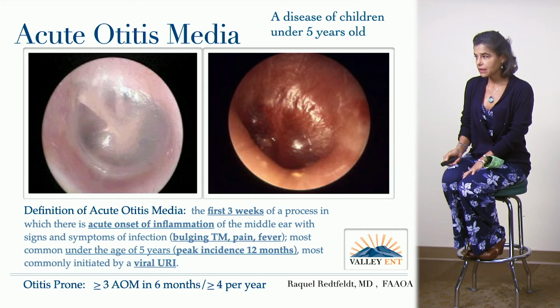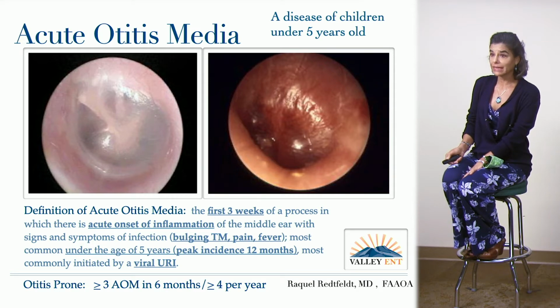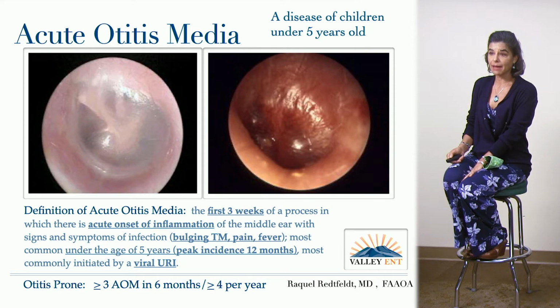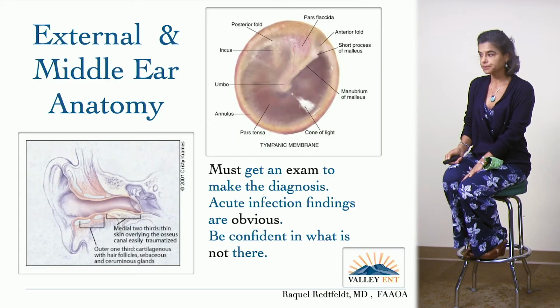I stuck in the otitis prone definition in there, which is 3 or more events in 6 months, or 4 or more in a year. So once you've gotten a recurrent situation where acute otitis media is happening over and over again, then you're otitis prone.